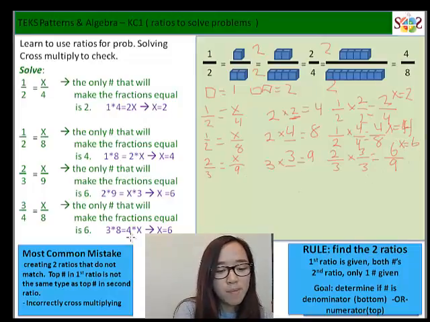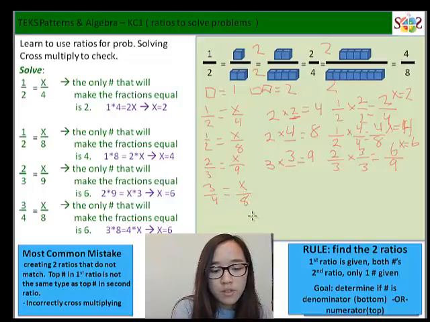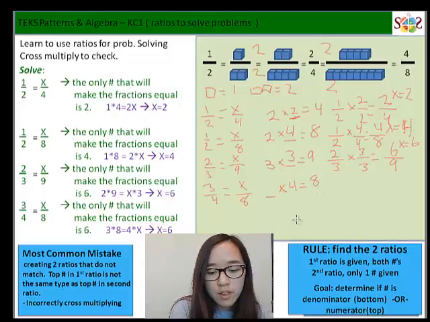Now for our last example, we have 3/4 equals x over 8. We need to find what number times 4 equals 8, and that number is 2. So that means we have a factor of 2.